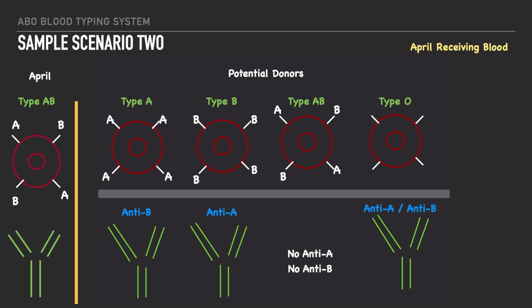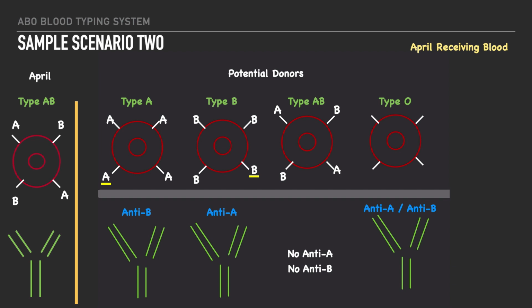Now, as we go through this, let's start with a potential donor that has type A blood. We'll notice offhand that this individual has an A antigen on the surface of their red blood cell. And because April doesn't have an antibody that is anti-A, her immune system would receive blood donated by an individual with type A blood.